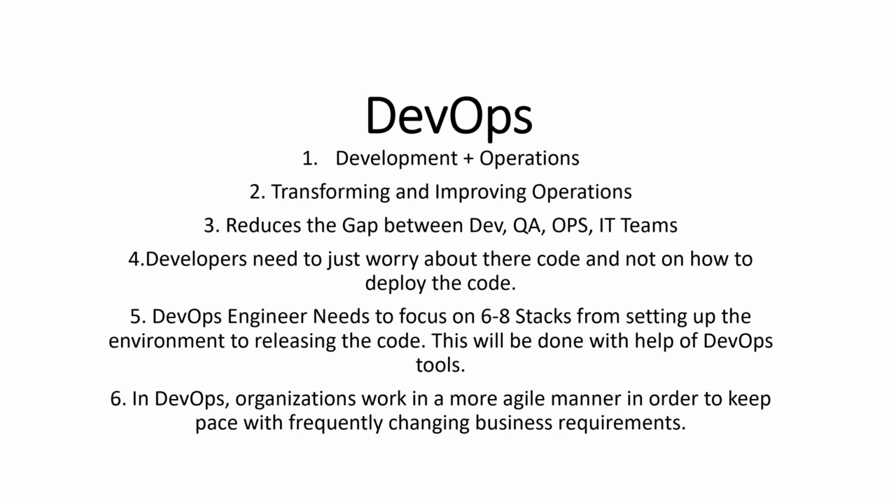The next stack is provisioning tools. There are provisioning tools named Ansible and Chef. Why is there a need for these tools? Let's suppose you have 100 VMs. It is very difficult to configure or install any required software on each and every VM by going there. So there are tools named Chef and Ansible.